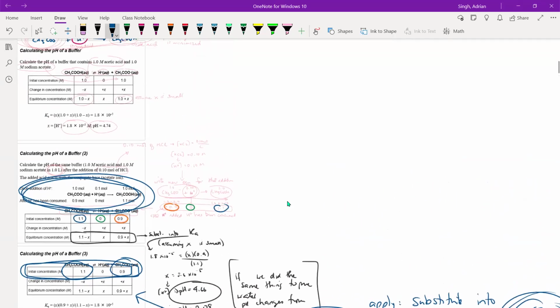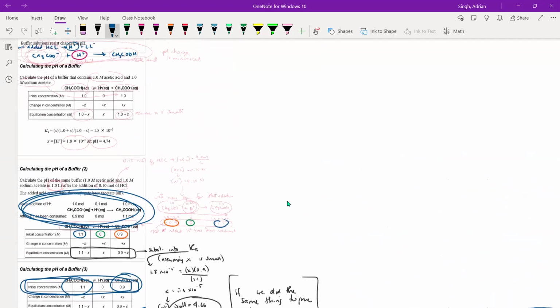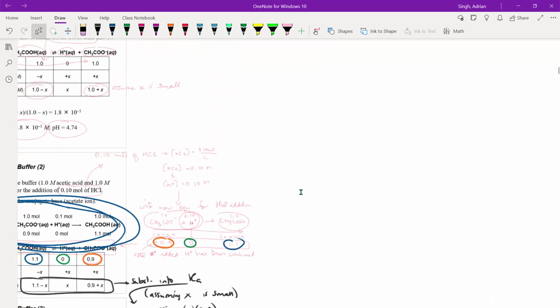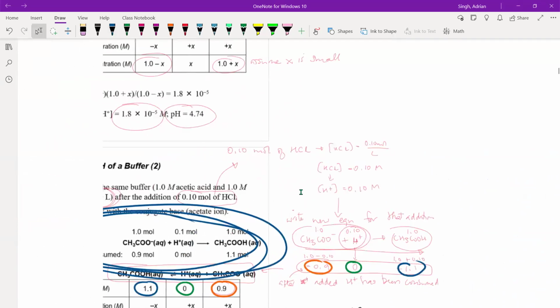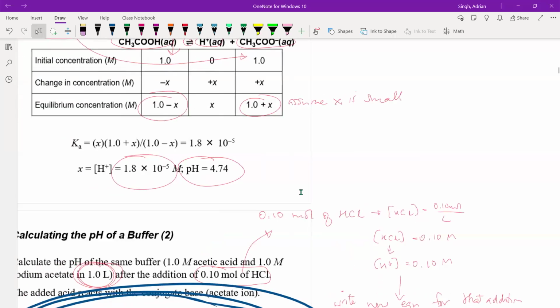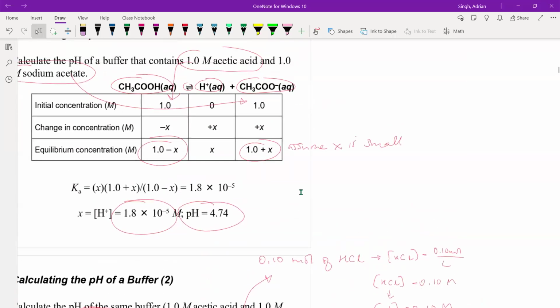Let's apply that same equation to the initial buffer that we had before we added an acid to it. Let's apply it to this buffer here. For this buffer, again, the pH would be equal to the pKa plus the log of the conjugate base over the acid.